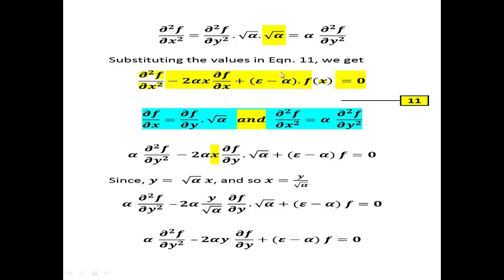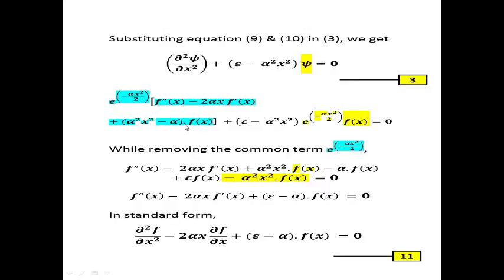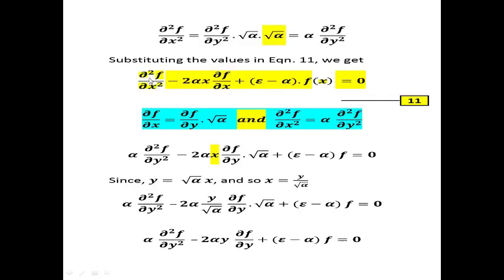Now I am substituting the values that we got for dou f by dou x and dou squared f by dou x squared into equation number 11. Let me find equation number 11: here I have dou squared f by dou x squared. So I replace this term, dou squared f by dou x squared, with alpha times dou squared f by dou y squared.